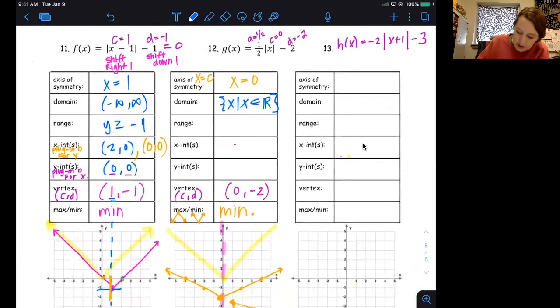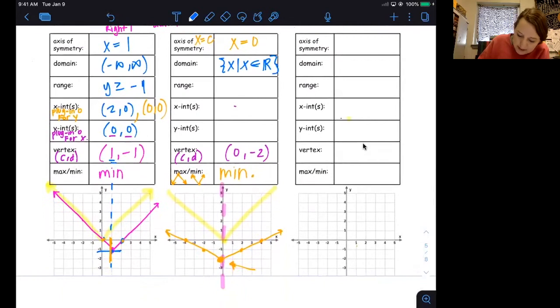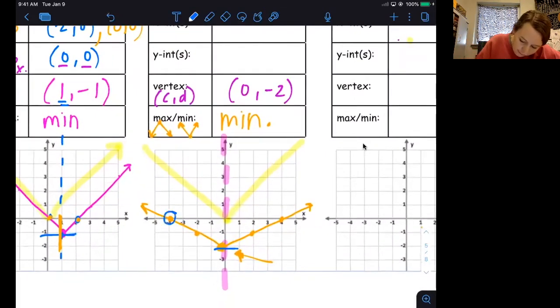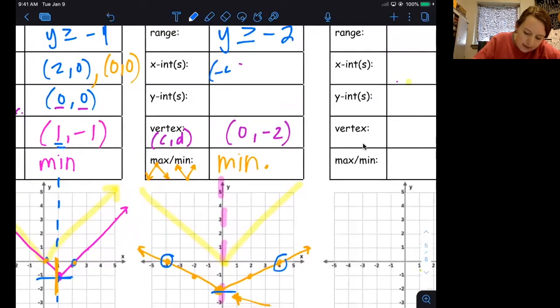Okay, my range, bottom to top, the lowest number I see is -2. So I have y is greater than or equal to -2 because I go up from that point. Okay, my x-intercepts, if I look on the graph, are at -4 and +4. So I've got -4, 0 and +4, 0.